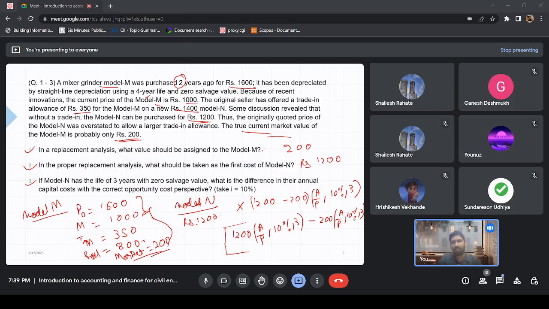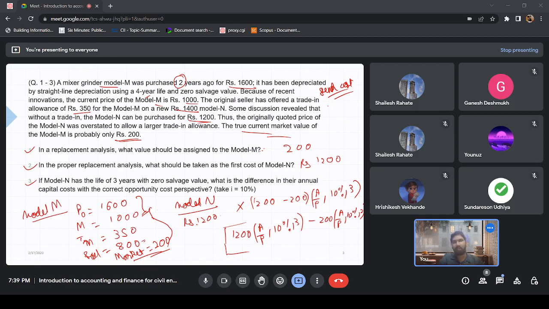Okay, so in this lecture, we discussed the values that we have to take, the actual cost at this moment for the equipment. Here you can see 1600 minus 200, that is the cost. That is the sunk cost, and we are not taking it into consideration.